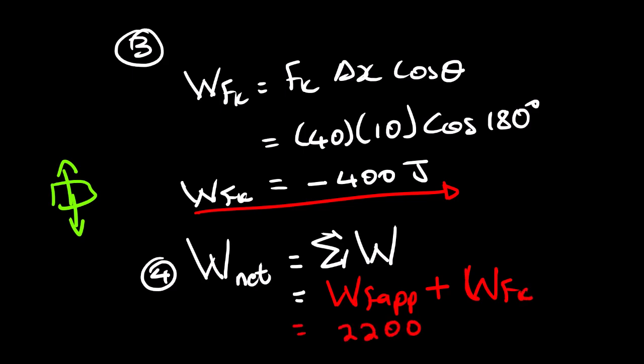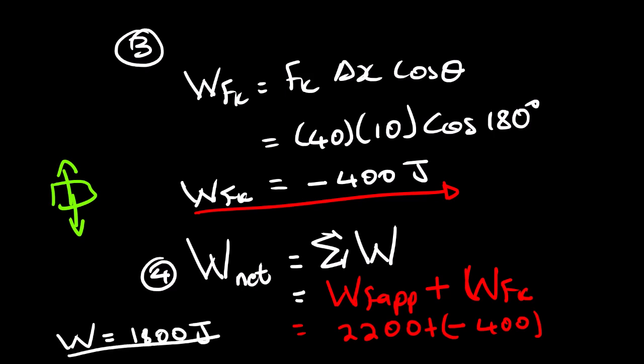This will give us 2200 minus, or let me say plus, minus 400. Then this will give us positive 1800 joules. So this is the net work. I hope you got this one correct also.